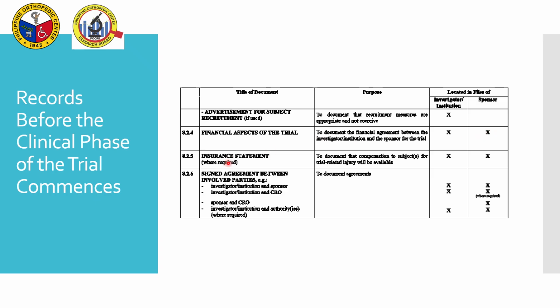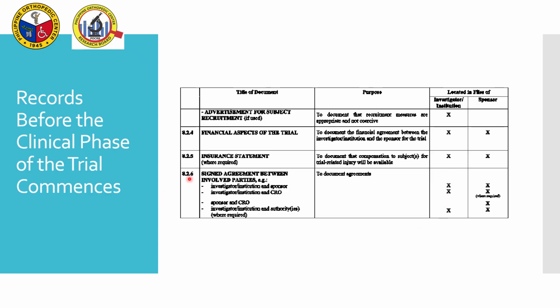Next is the insurance statement, where required. This document proves that compensation will be available to subjects in the event of a trial-related injury, because this protects the subjects and the trial's integrity. Both the investigator and sponsor must maintain a copy.